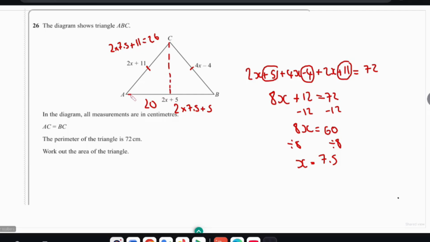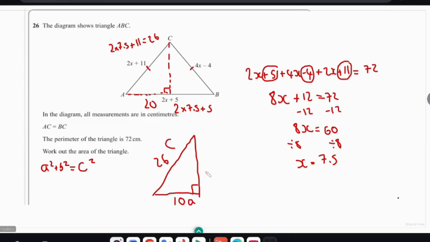You notice here, we have a right angle triangle. What maths should we be thinking for right angle triangles? Pythagoras or SOHCAHTOA. We have whole base is 20, so here is 10. Pythagoras, a squared plus b squared equals c squared. C has to be the hypotenuse. A and b do not matter too much.